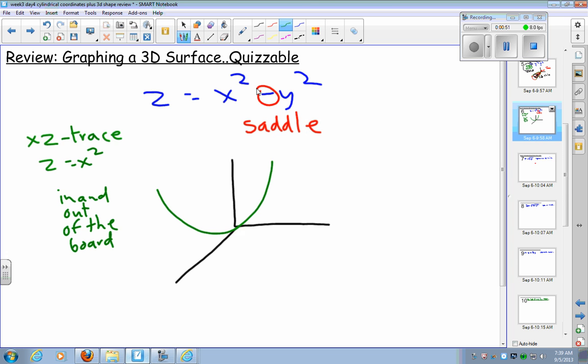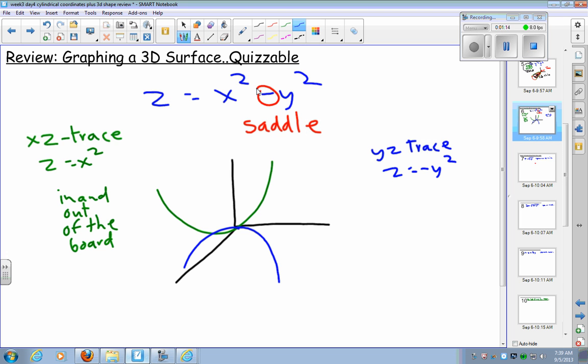Okay, so I know it looks flat, but it's coming out of the board and into the board. And then the other guy is to see the yz trace, which is z equals negative y squared. So on the yz plane, which is the surface of this board, you have that, okay?